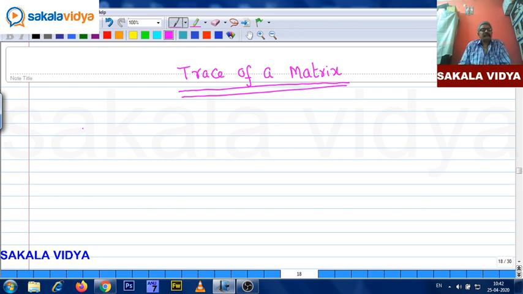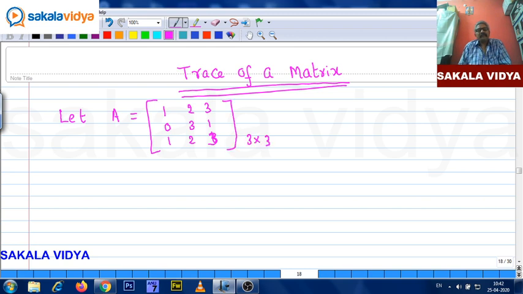Trace of a matrix. For example, let us consider a square matrix A equal to 1, 2, 3; 0, 3, 1; 1, 2, 3. So this is a 3 by 3 square matrix.